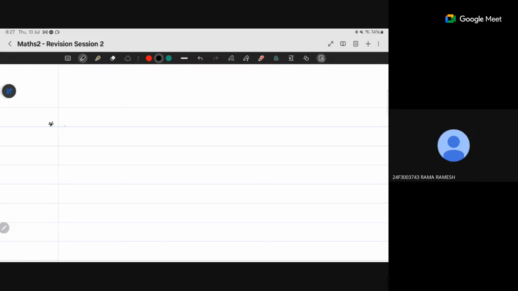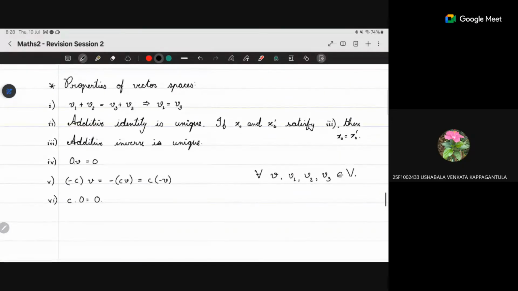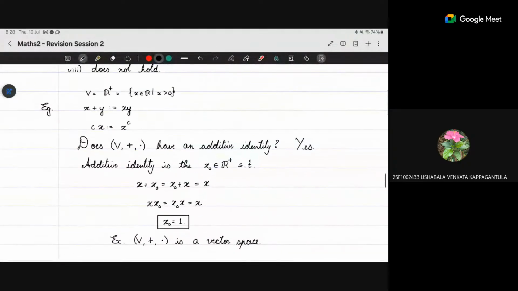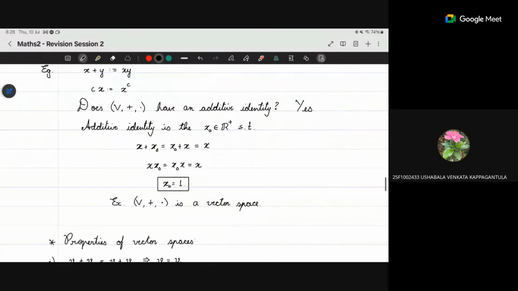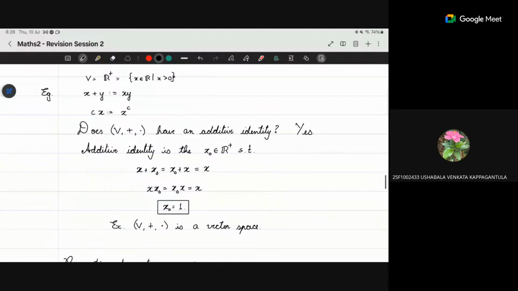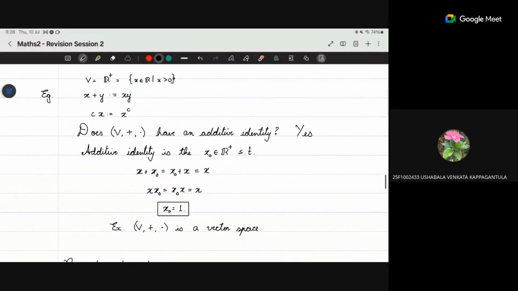Sir, can you explain the previous one? You said the set of positive reals, which is given in a single dimension R, is a vector space. How is additive inverse true for it? Because additive 0 doesn't exist, no? 0 is not there in my set also.